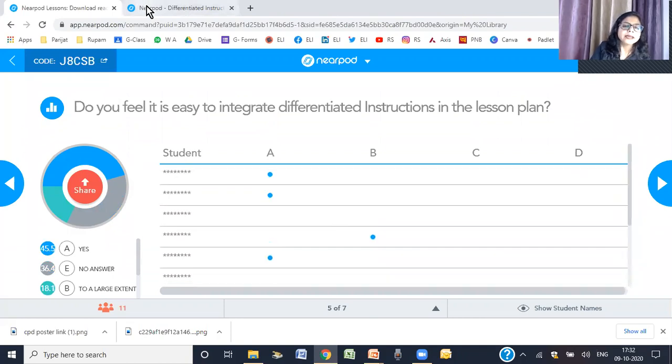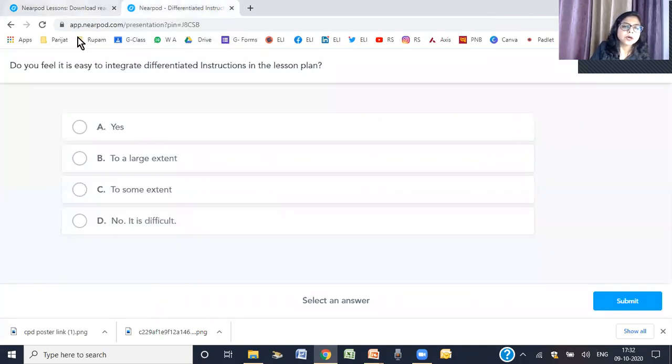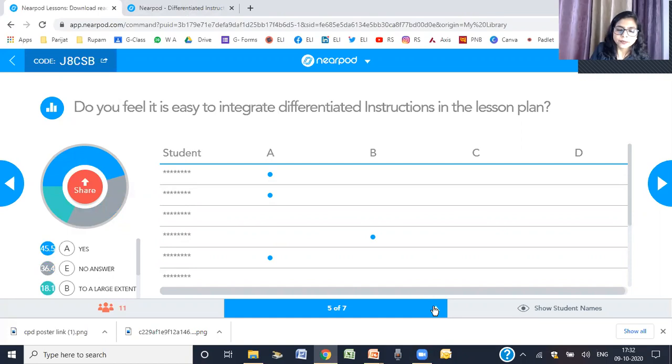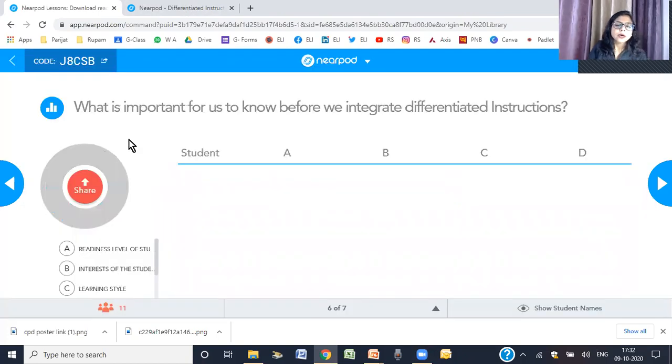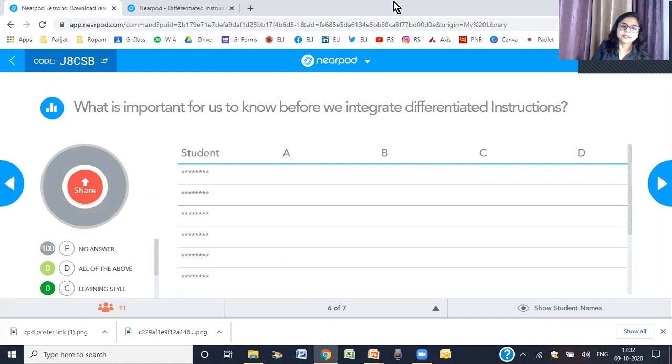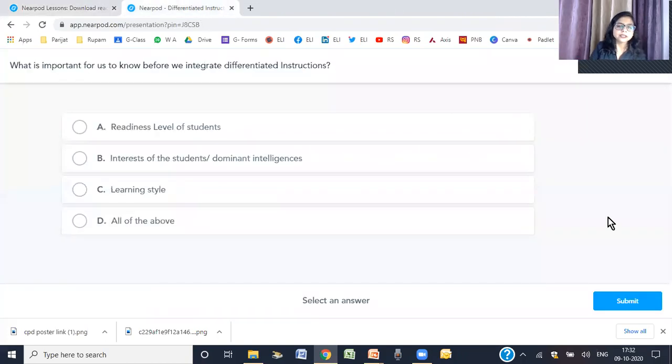Okay. And let me now go on for the next one. There's another poll for you. What is important for us to know before we integrate differentiated instructions? Okay, so choose your answers. What is that which we need to know?